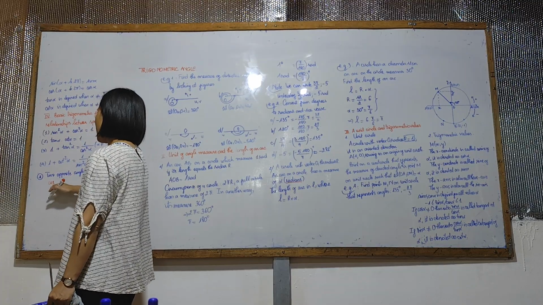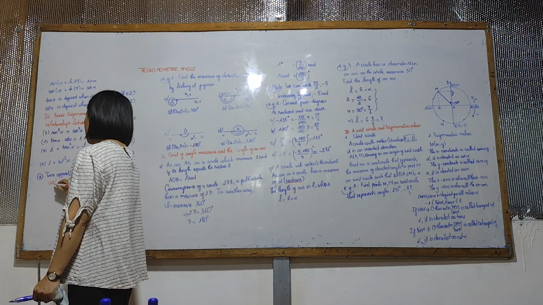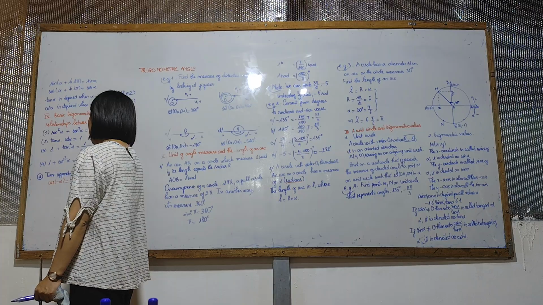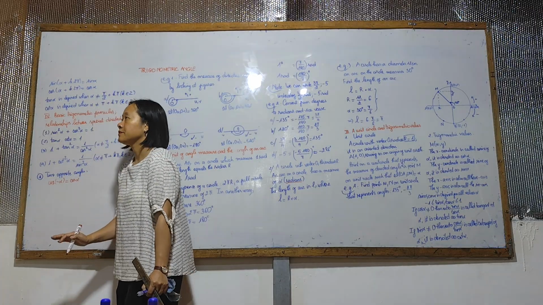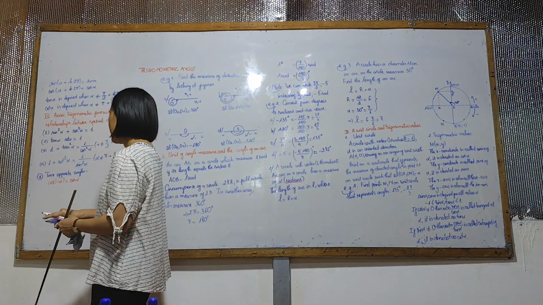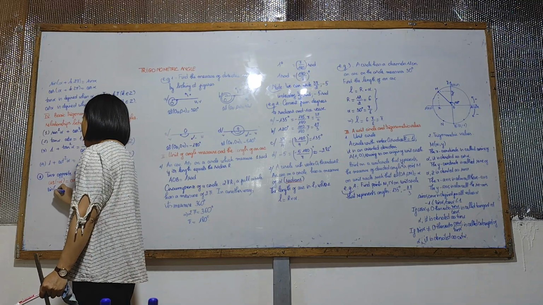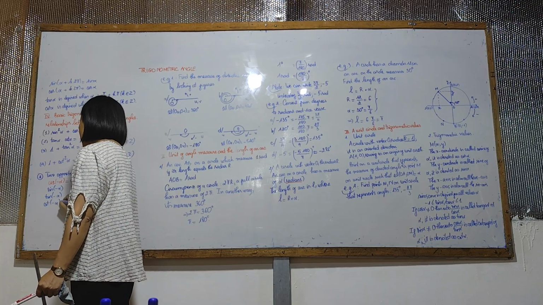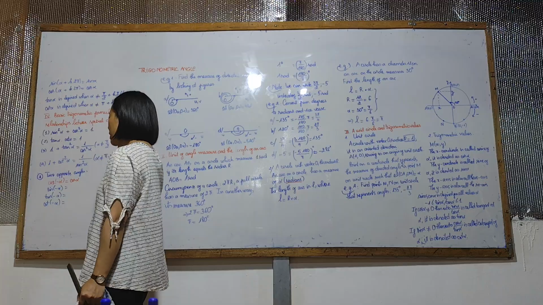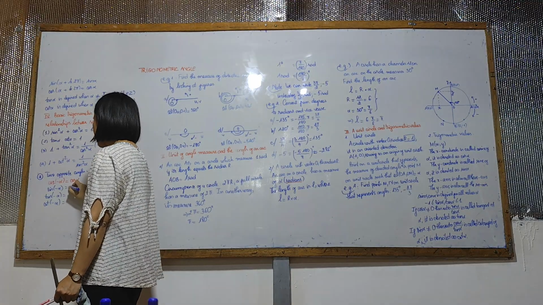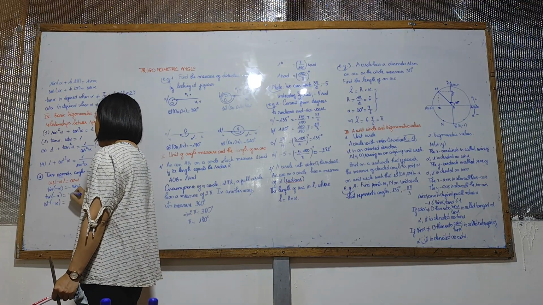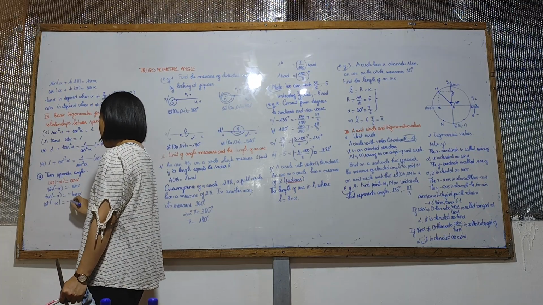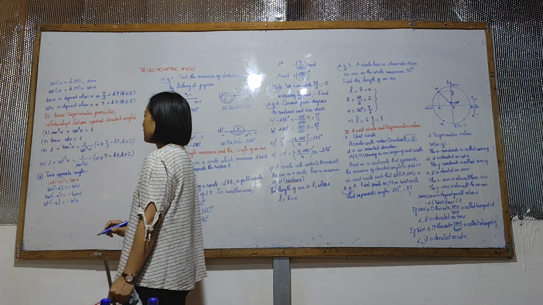I will write it in red. Cosine of negative alpha equals cosine alpha, the same value. But if it is sine or tangent or cotangent, all of these will have negative values: negative sine alpha, negative tangent alpha, negative cotangent alpha.